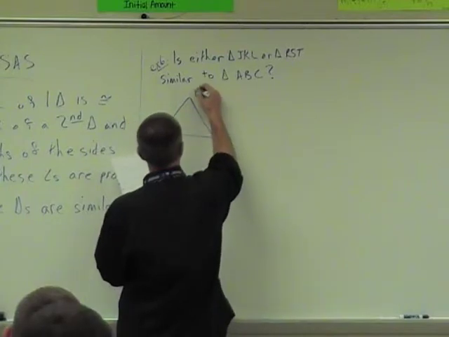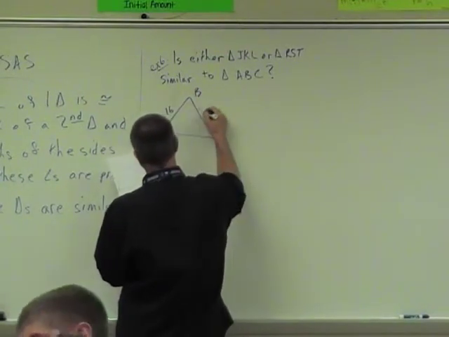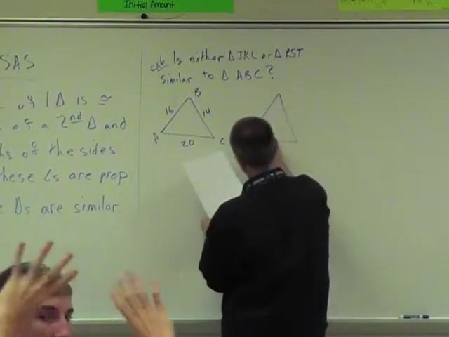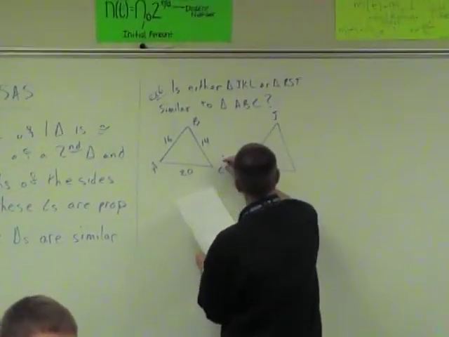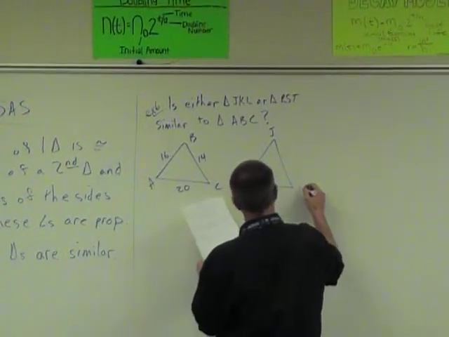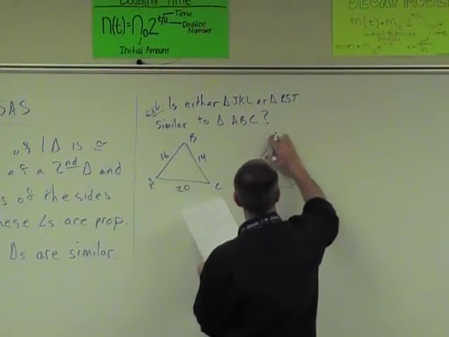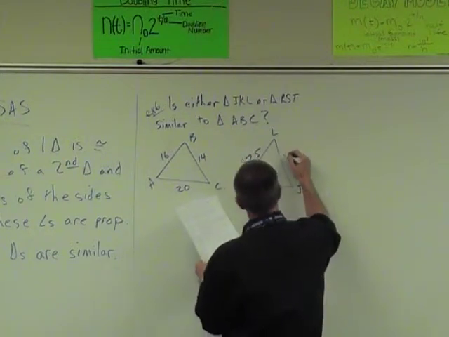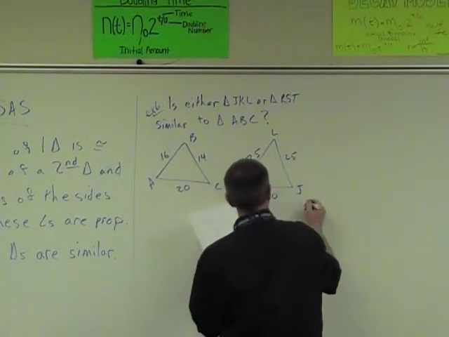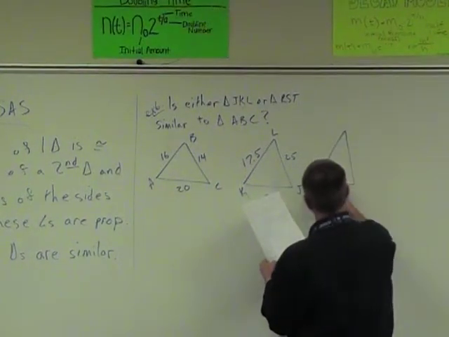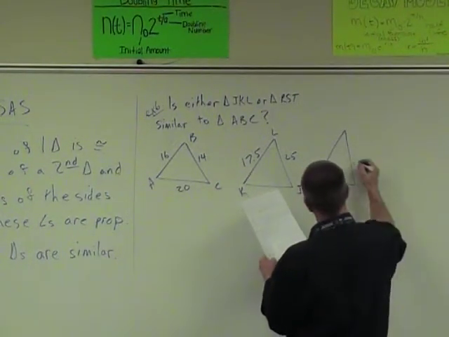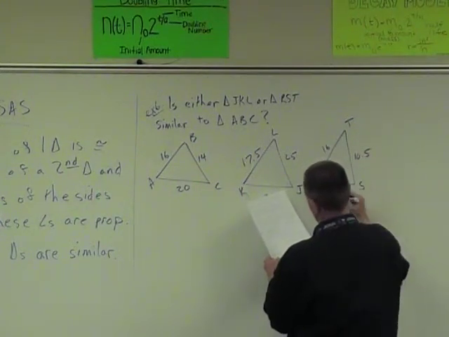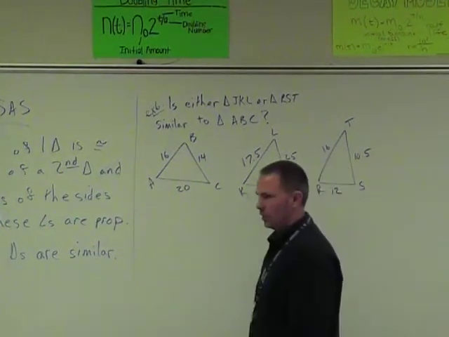Drawing a generic triangle here. Don't assume it's accurate. This is J. This is K. Again, 17.5, 25, and 20. And then this one, R, S, and T, 16, 10.5, and 12. Those are not drawn to scale.